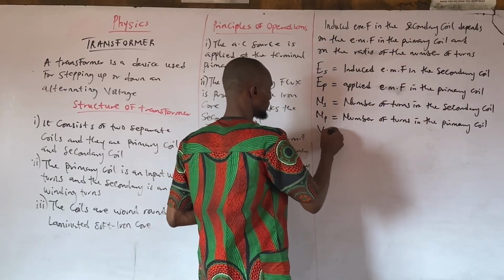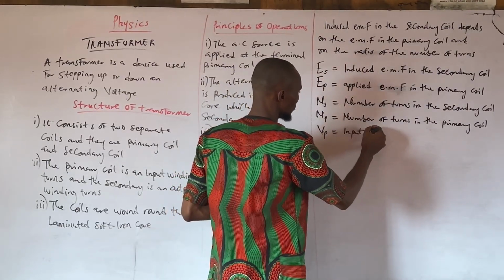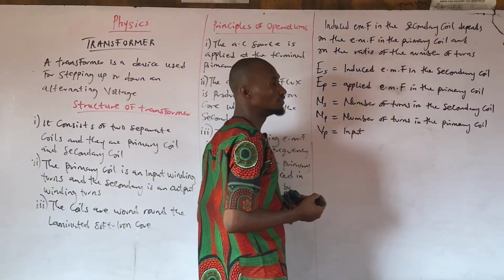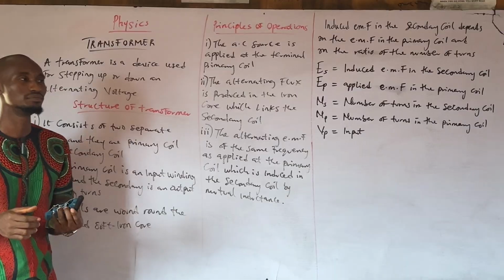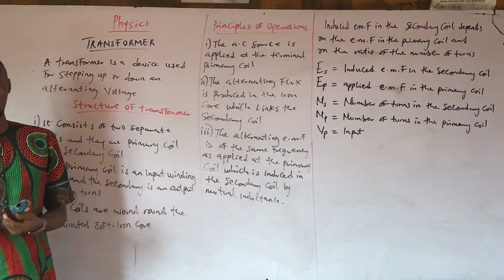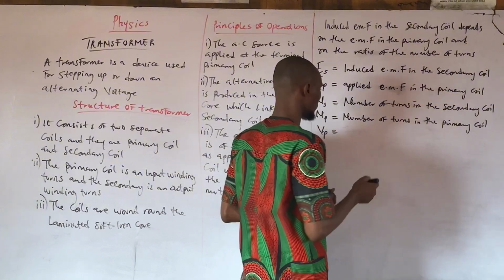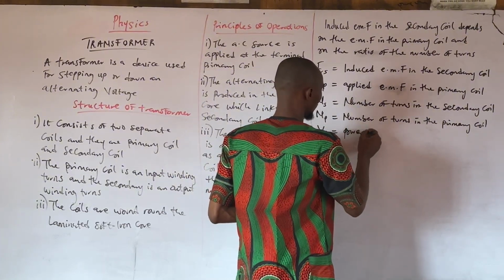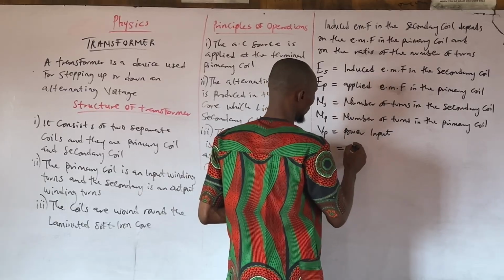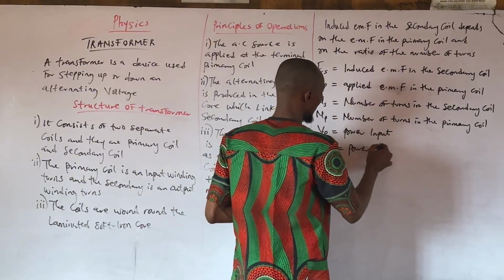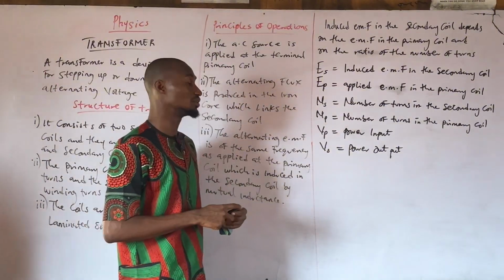We have Vp. Vp means input voltage. You can call this power input, while Vs is called power output. Now look up.